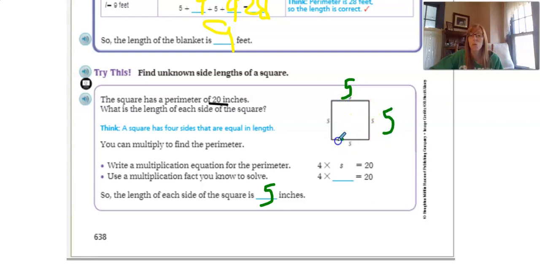If you have 4 groups of 5, you have 4 times 5. Otherwise, you would be adding up all the sides, because perimeter is length plus width. But it was the same on all 4 sides because it's a square.